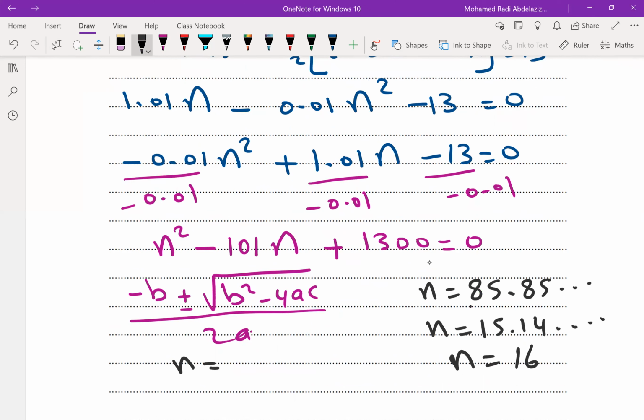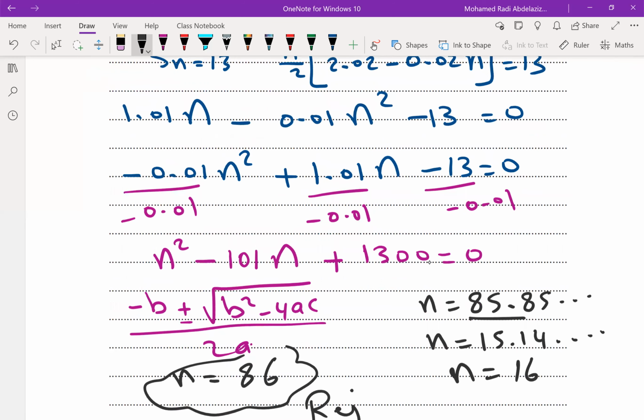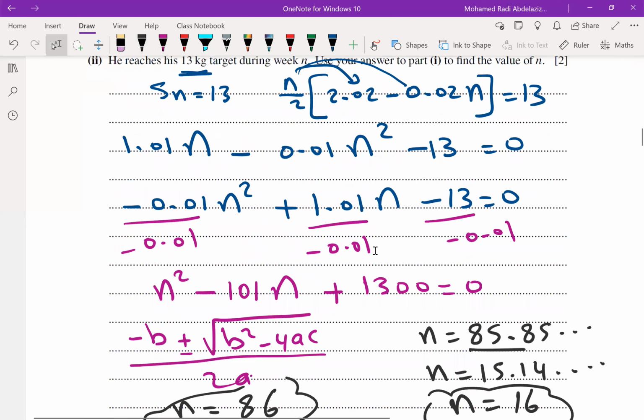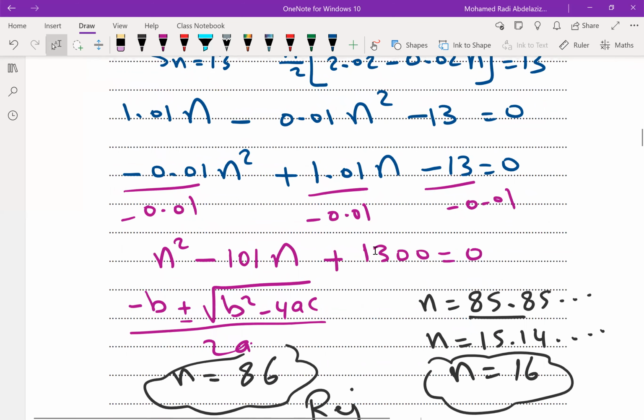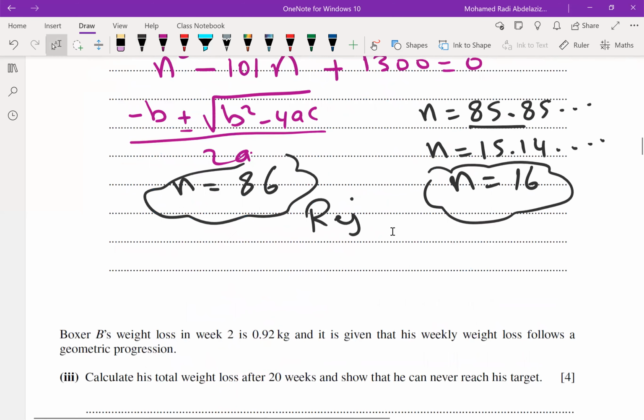And the first one also, we reach the target at 86. For this value, if you try to get the value of un for 86 in this sequence, you will get it negative. This is why the final answer will be 16. So he achieved the goal in the 16th week. This is for part 2.